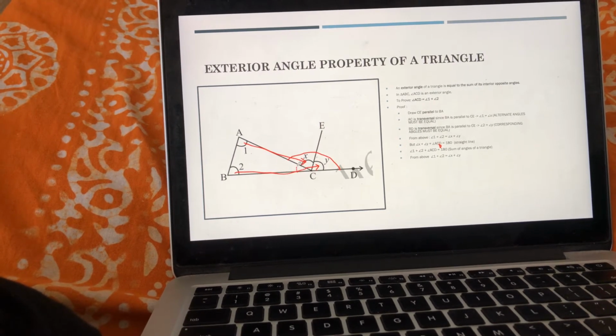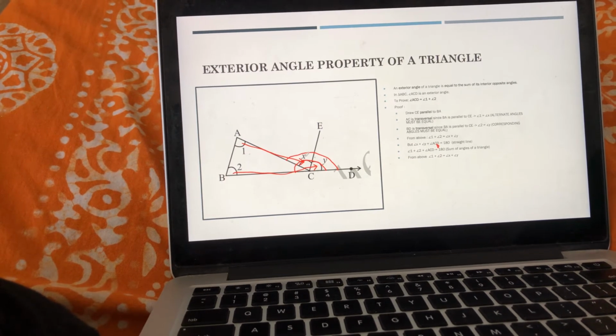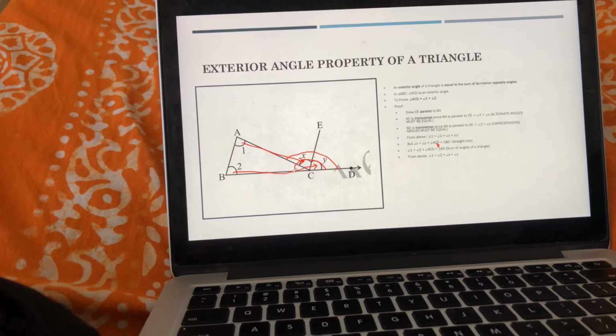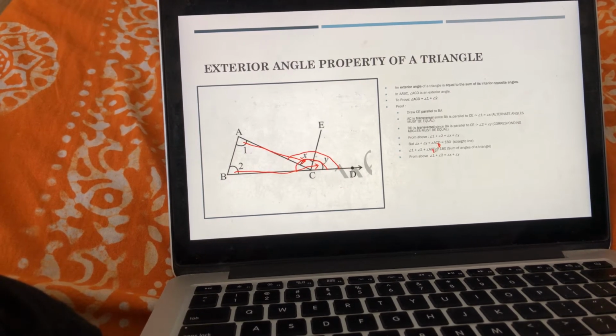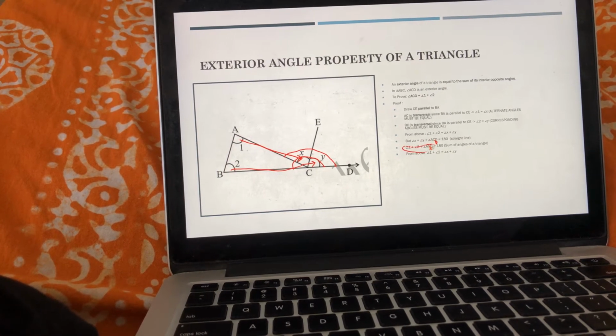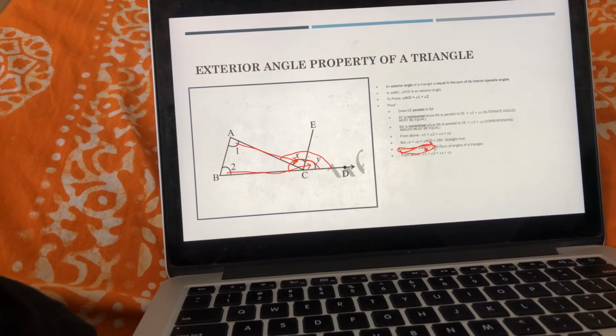So this entire thing must be equal to 180 degrees. But angle x plus y are nothing but angle 1 and 2. So angle 1, 2 and this is equal to 180 degrees. These three are nothing but the angles of the triangle, so they are equal to 180 degrees.